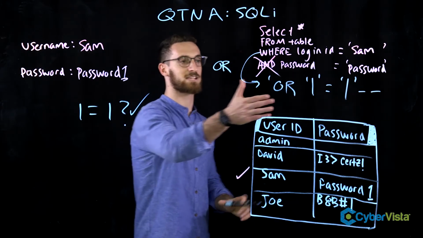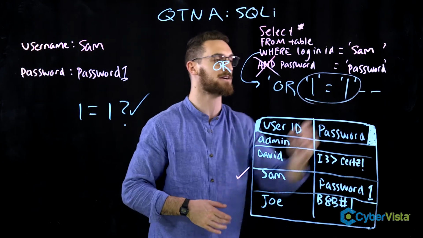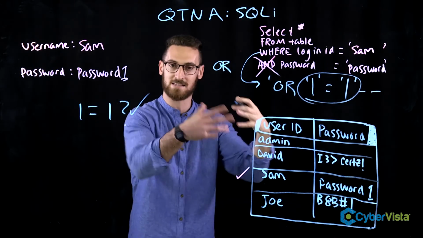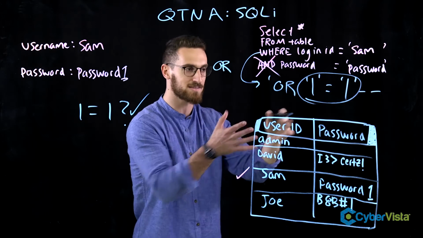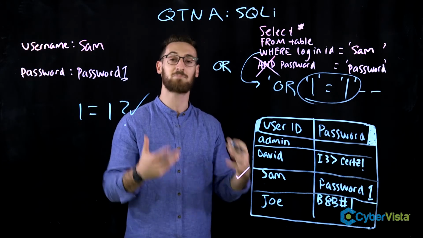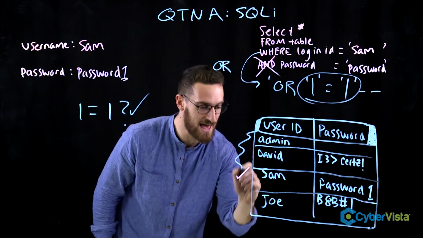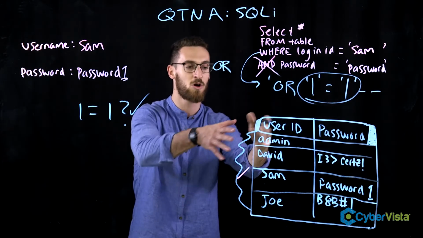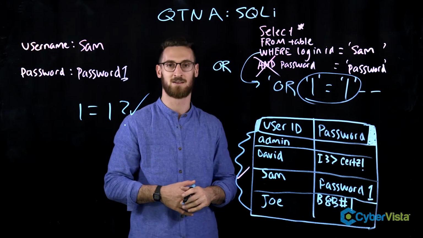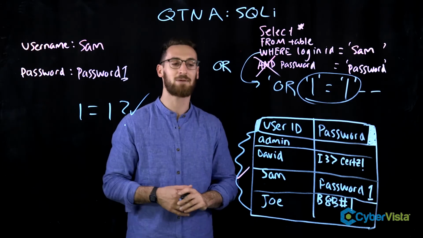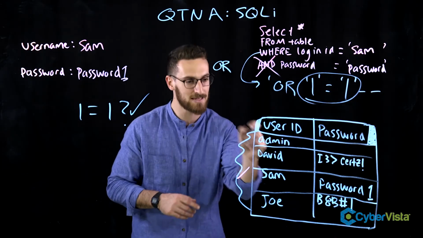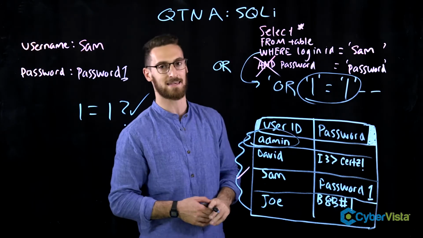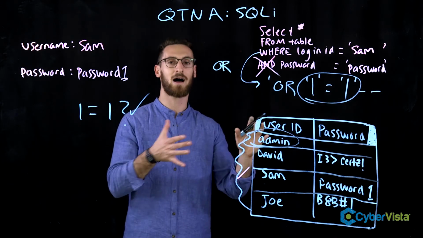But basically we just created a true condition here, and it's always going to be true across the board. It's not really comparing anything, so it's just a one-time instance. So guess what? It's going to pull everything here. It's going to be true for all of the user IDs. So I can bypass authentication, and since admin is first on the list in our database, I'll be logging in as an admin.